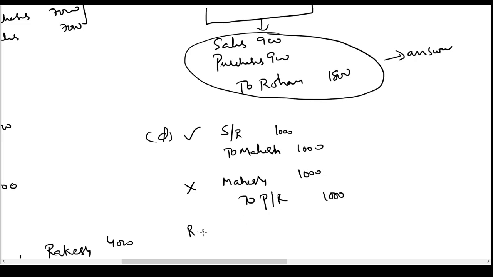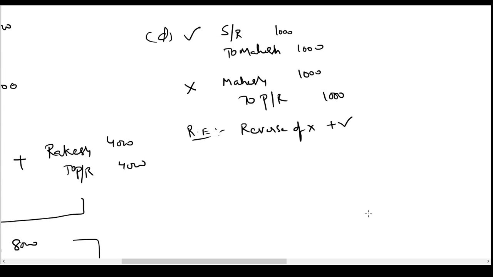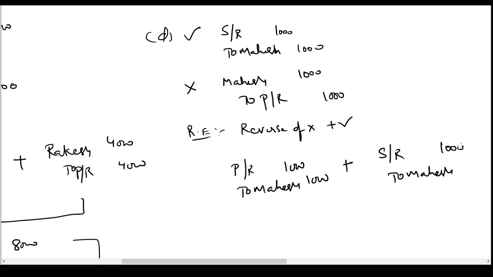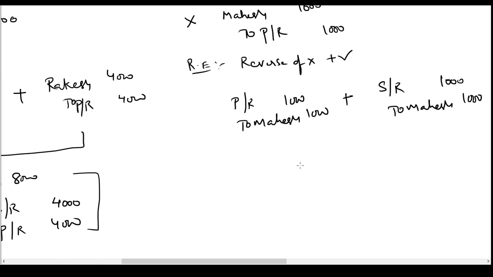So now what is the rectification entry? Rectification entry is reverse of wrong plus correct. So reverse of wrong would be purchase returns to Mahesh 1,000, plus correct entry would be sales returns to Mahesh 1,000.